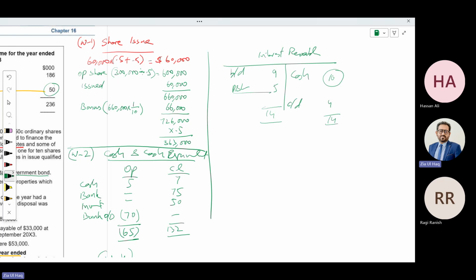This means actually we received cash, debit, and investment or interest receivable relating to investment is credit. So cash debit. This means interest received as income in cash. Though in P&L it is recorded 5, actually what we received is 10.